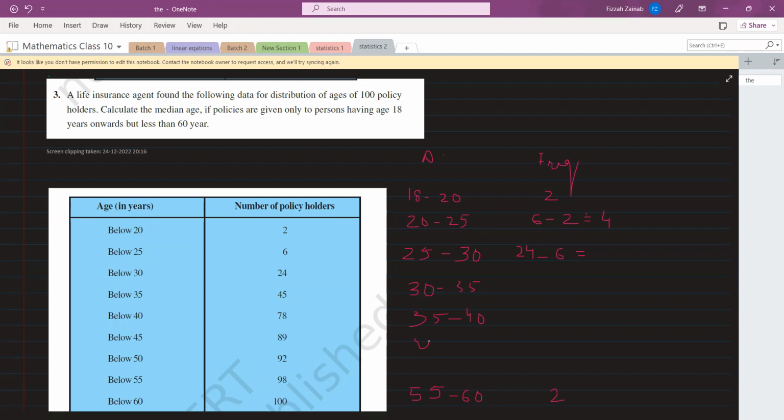Now, how do we identify the median class? You find n by 2. So n is 100, n by 2 is 50. Which frequency is just greater than 50?